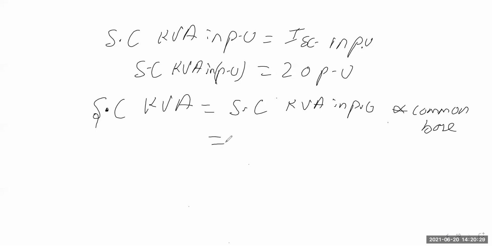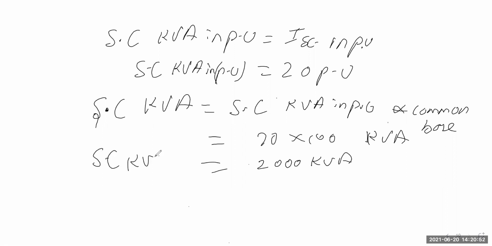This value is known, that is your 20, and common base is your 100. So what will be the value? It will be your 2000 kVA. What is this? It is your short circuit kVA value, right?